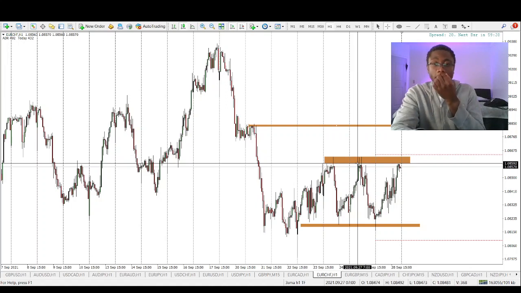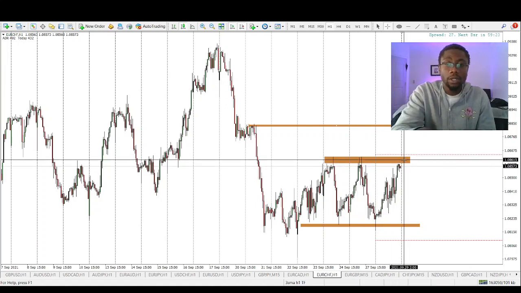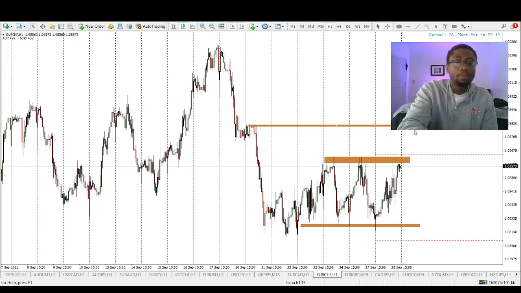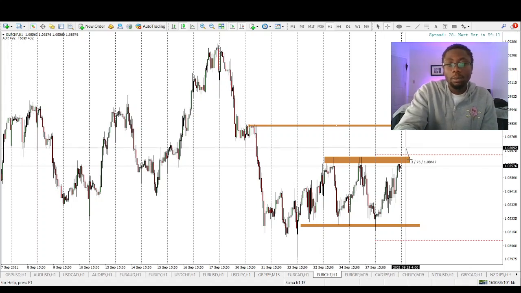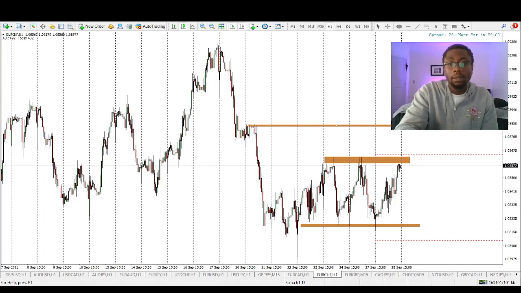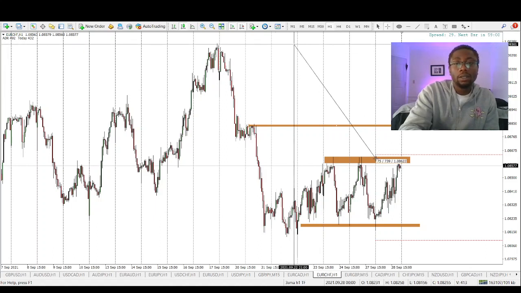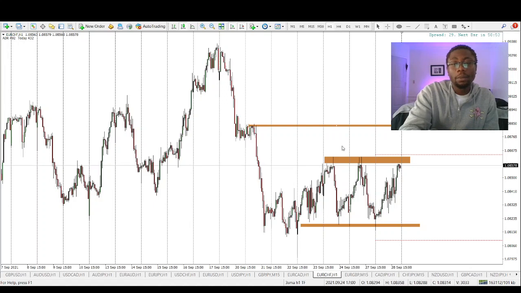And now price is currently on its third tap of this resistance, in which if we're going to get a reversal, then we're going to be able to see the market blast through this level with some momentum before coming back down to pull back into this level, giving us our entry, and then going for further highs, which could be this temporary area here, and ultimately the structure high, which is about 70 or 80 pips to the upside.